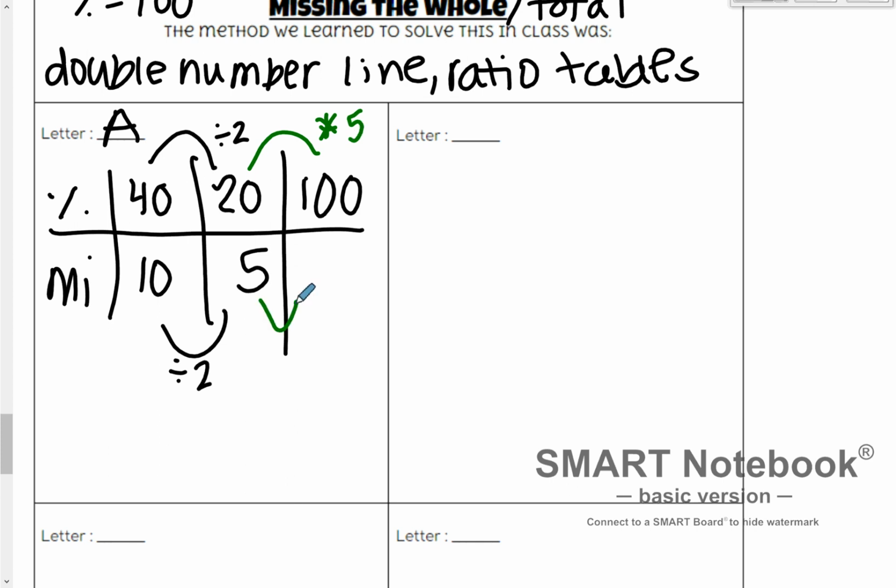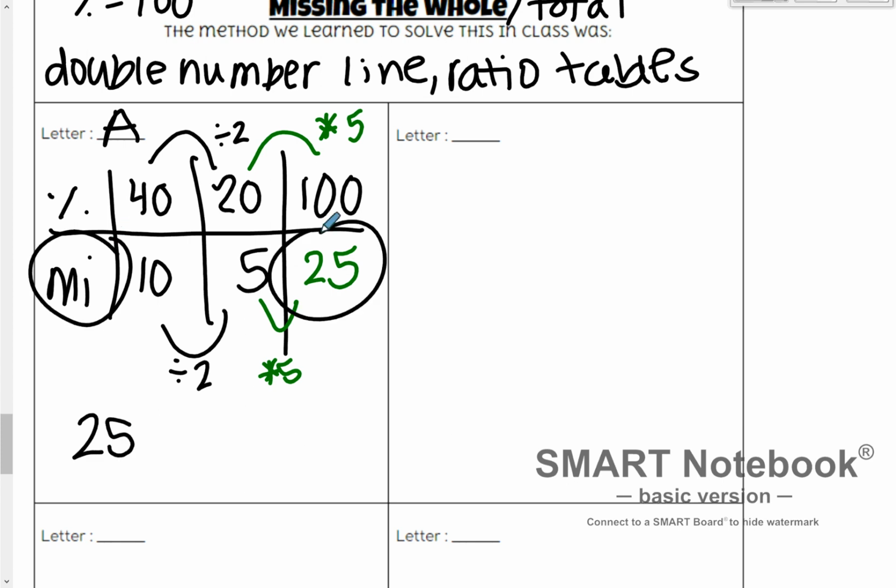Counting my 20s, that takes 5 times. Whatever I do on the top, I will do on the bottom. So my answer will be 25. Now remember, our last step for the problem was to write the answer with meaning to the problem, meaning with a label. So my answer here would be 25 miles.